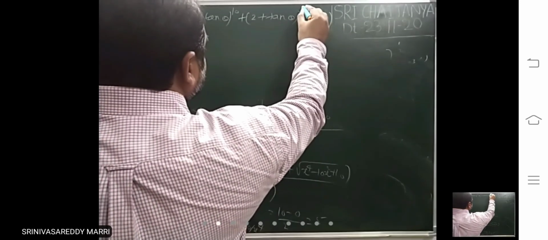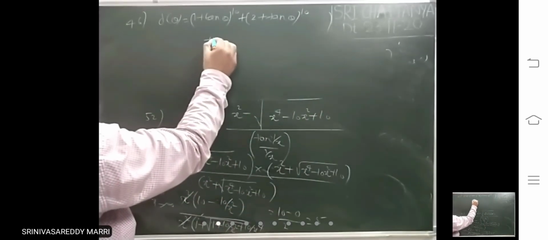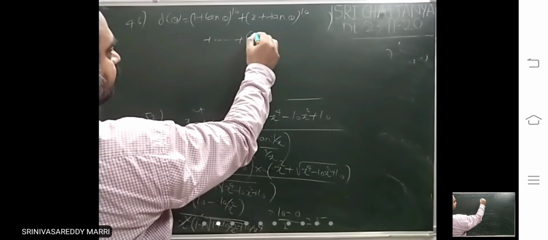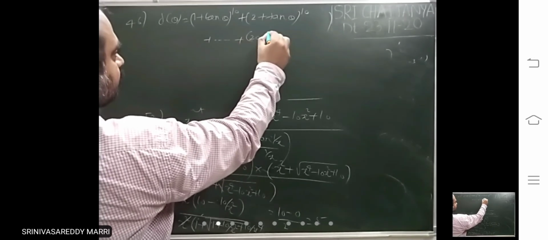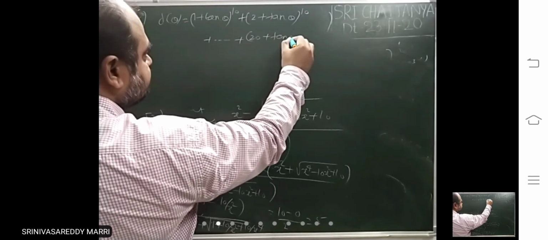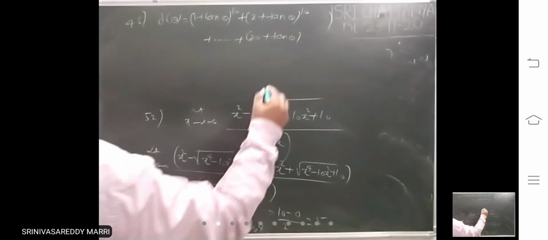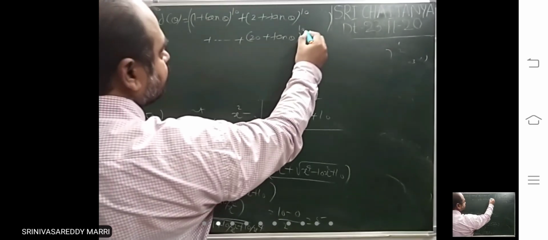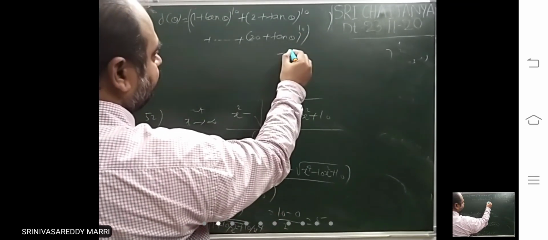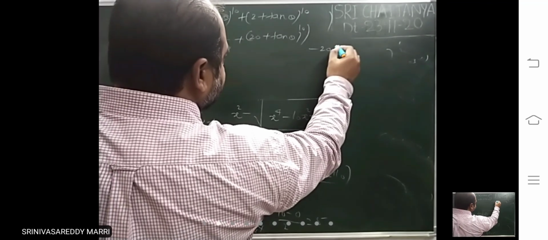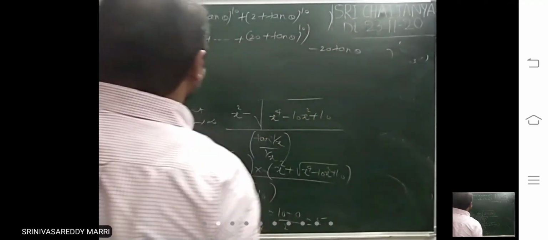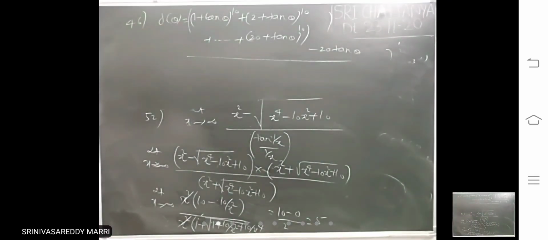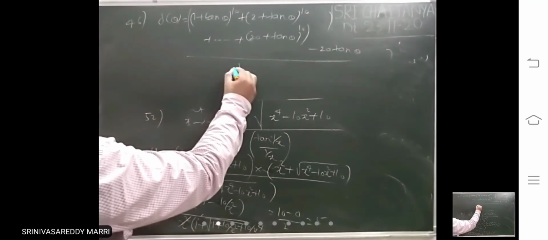Tan theta whole power 10 plus and so on, plus (20 plus tan theta) whole power 10, minus this complete minus 20 tan theta, whole divided by tan power 9 theta.